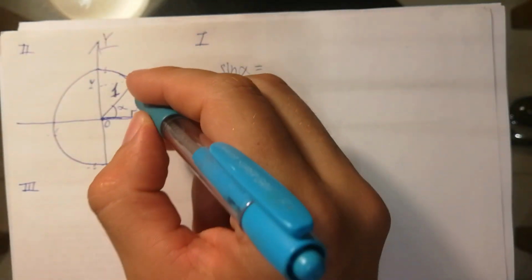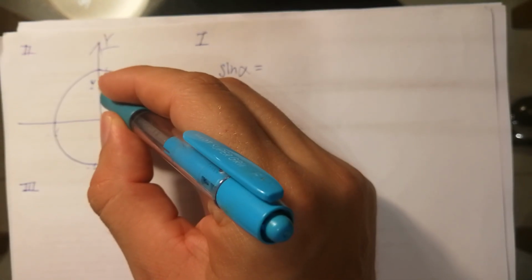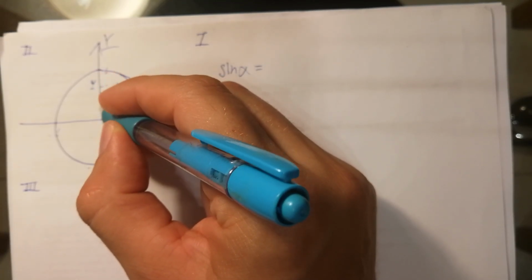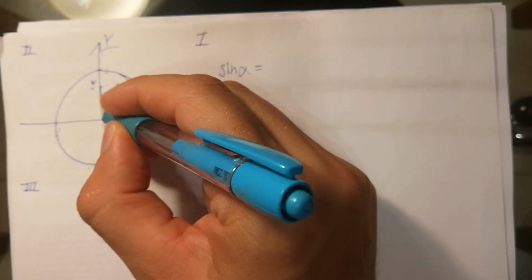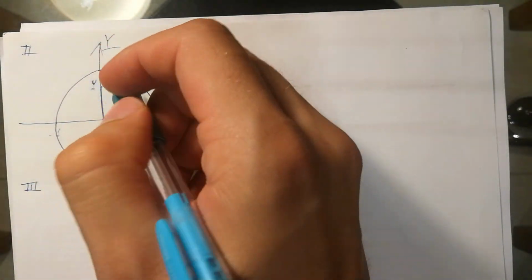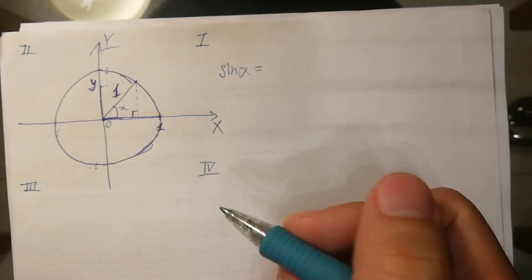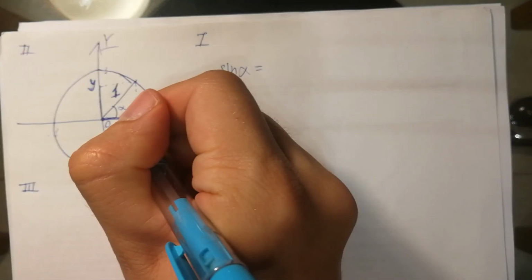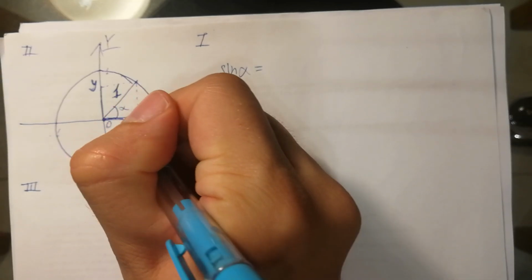Some y coordinate, and this will be length of this coordinate. And let's name it y small and here x small.